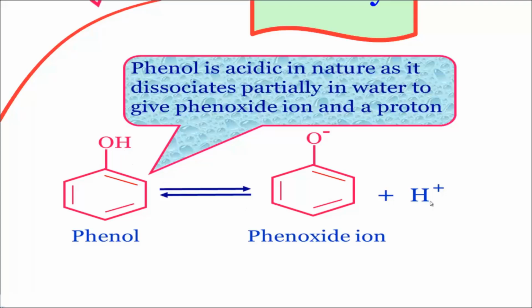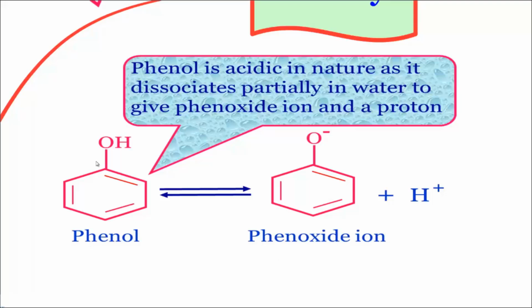H gets released as H plus ion, or the proton, and this O will become O minus. Therefore, this ion we call the phenoxide ion. And phenol undergoes only partial ionization in water. That means all the molecules of phenol don't undergo ionization immediately. That's what we mean by partial ionization.